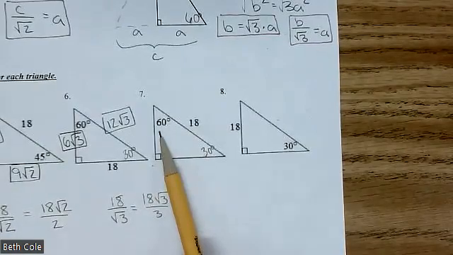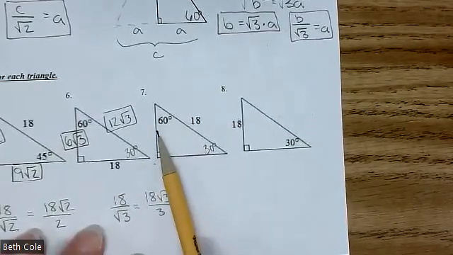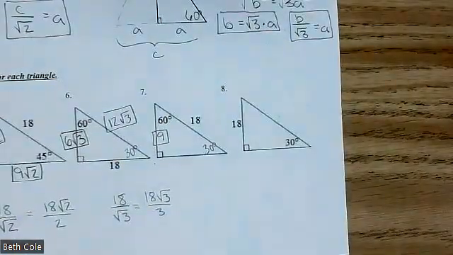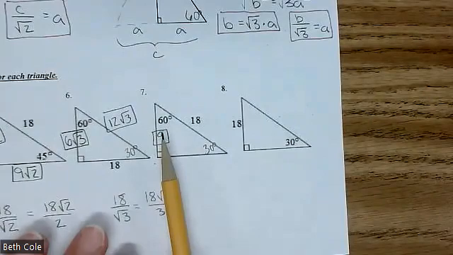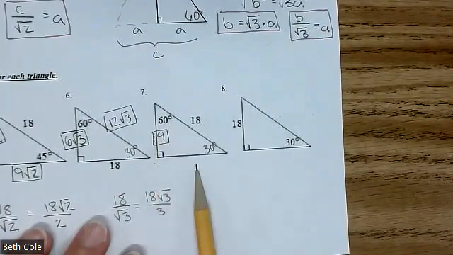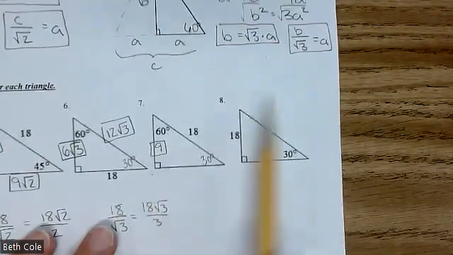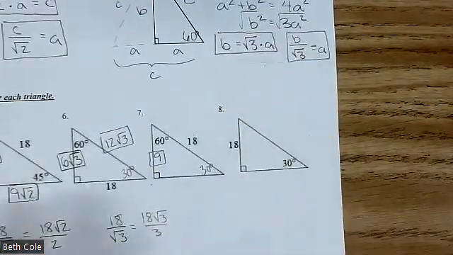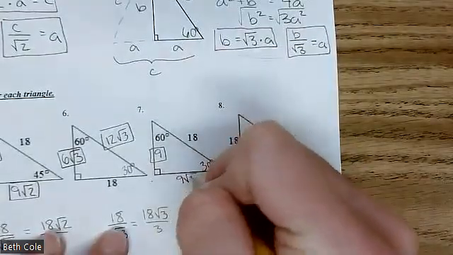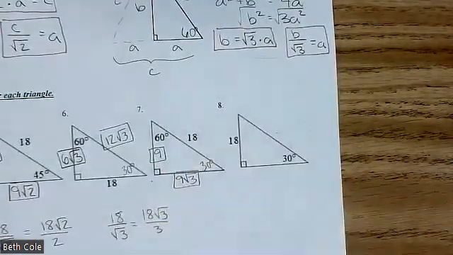Divide by 2. 18 divided by 2. That side is 9. And then how do we get from the smaller side to the bigger side? We're going from a small one to a big one, so you're going to have to multiply. What do you multiply by? Look back. Square root of 3. If you do 9 times square root of 3, guess what that is? 9 square root of 3.